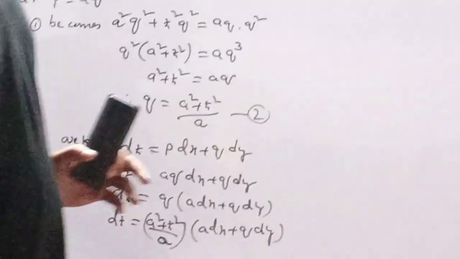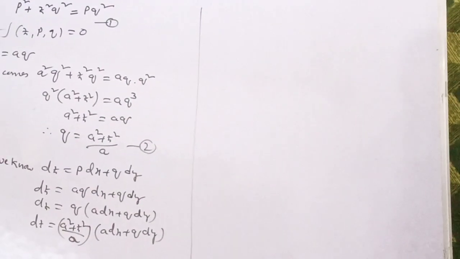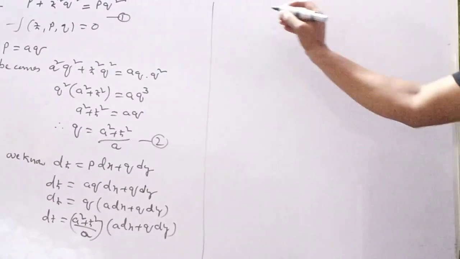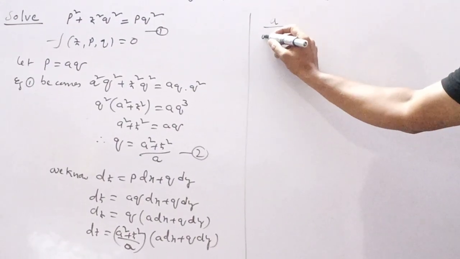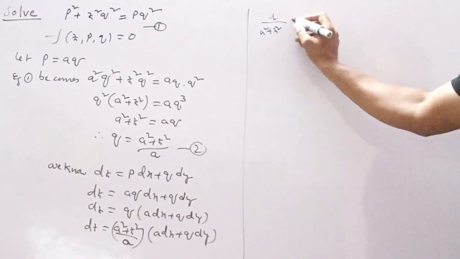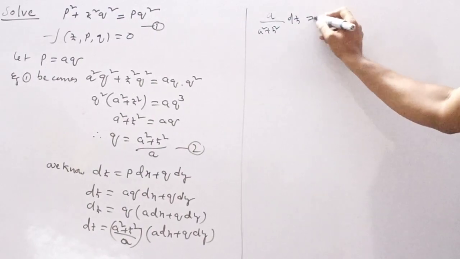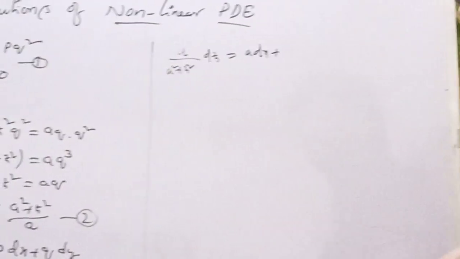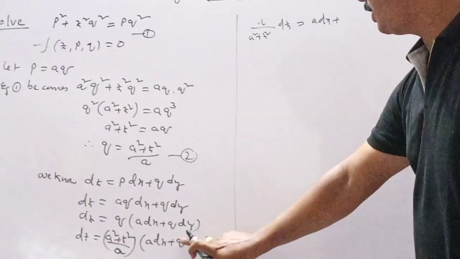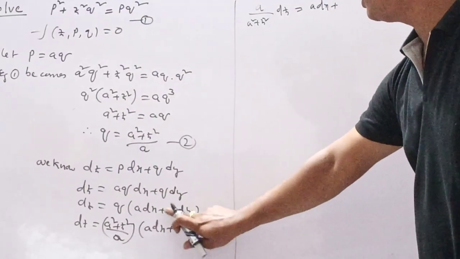So a into a by a square plus z square of dz equal to a dx plus dy, already q cube taken here.